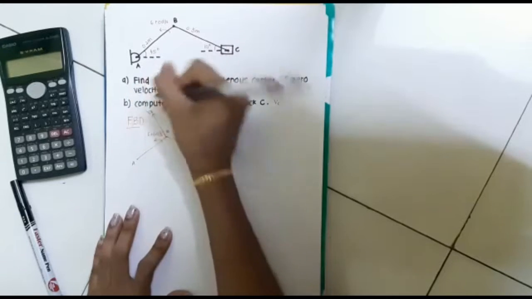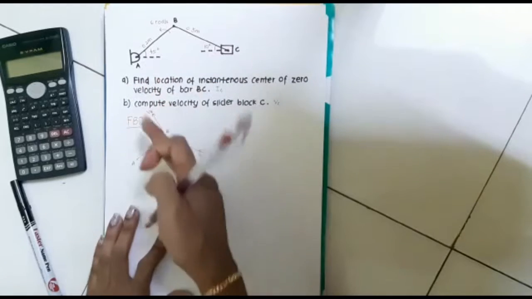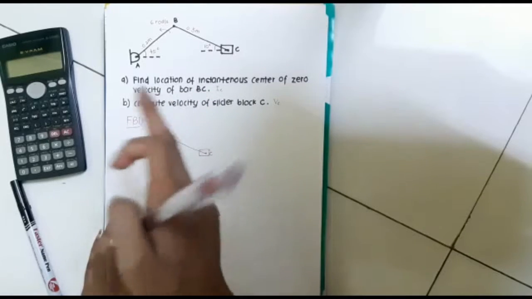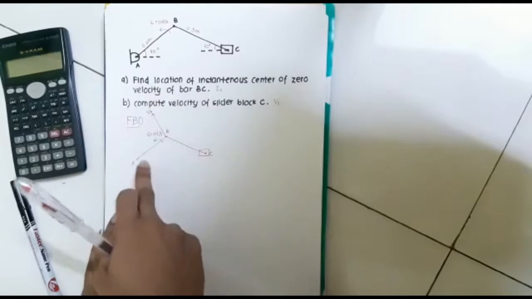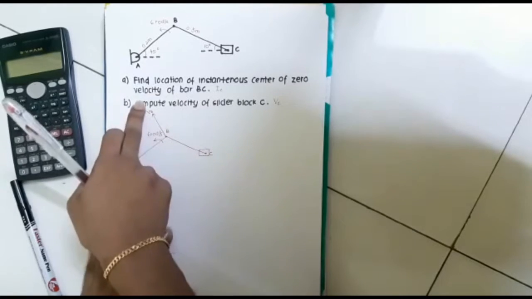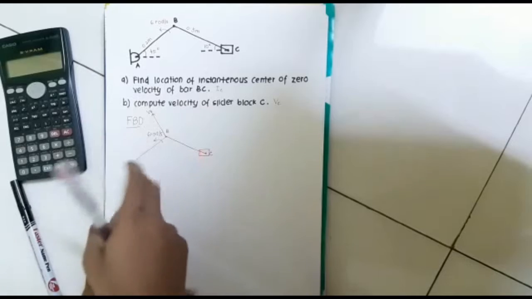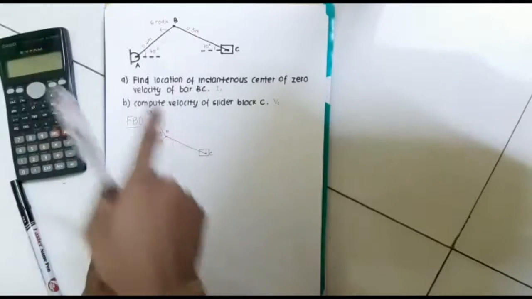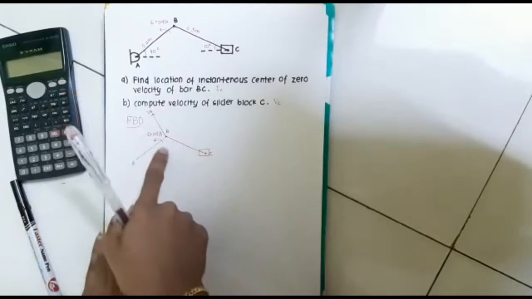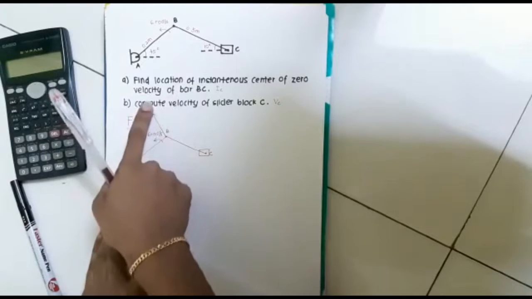Why do we draw VB as going upwards? There is a theory that states that velocity must be tangential to the angle of rotation. So that's why we draw VB upwards. And another cause is the angular rotation is anti-clockwise, so the velocity direction will be upwards.